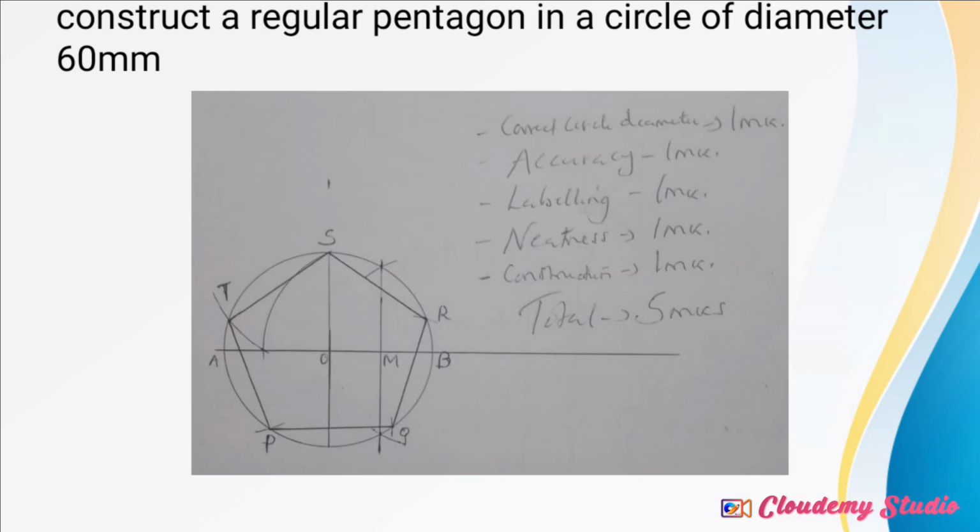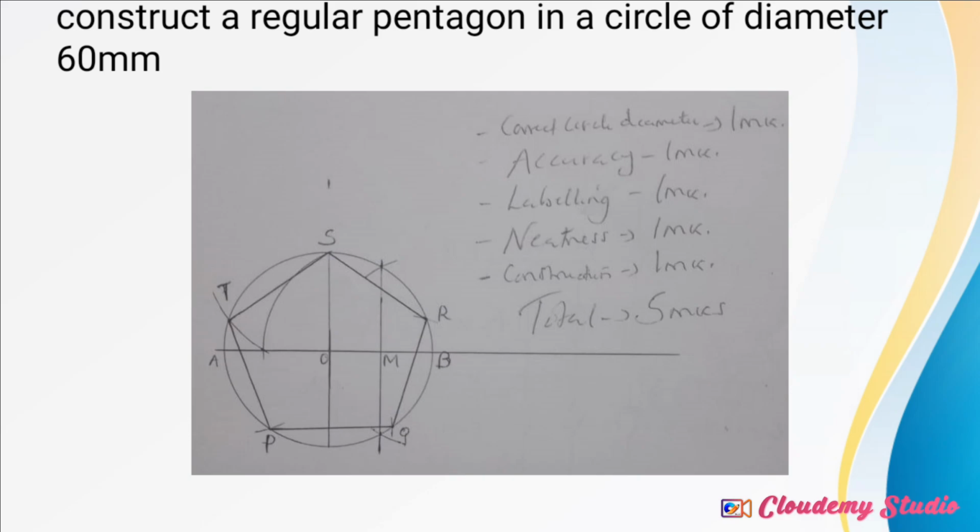I bisected it to get a midpoint M. And then I transferred, starting at point S, I draw an arc that can pass through point AO, and I transferred the same point towards the circumference of the circle to get point T.